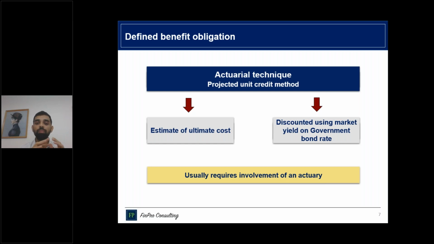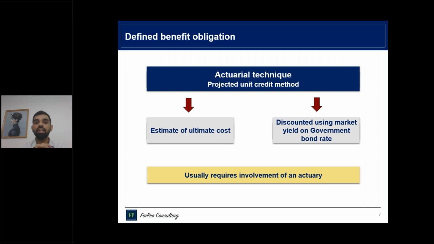The practical application says that you need to consider the average remaining service life of the employees of that particular organization. Mark my words, it is the average remaining service life, not the total life. Average remaining service life of the employees in that company or organization.